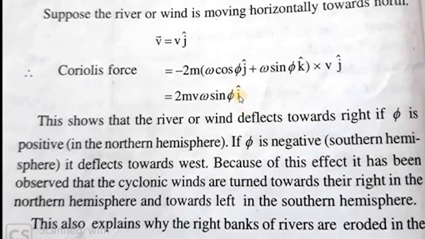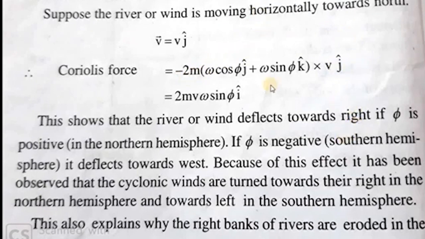So what's happening here? This shows that the river or wind deflects towards the east, that is, towards the right. Here this is north, this is south, this is east and this is west. A wind flowing in the north gets deflected towards east.